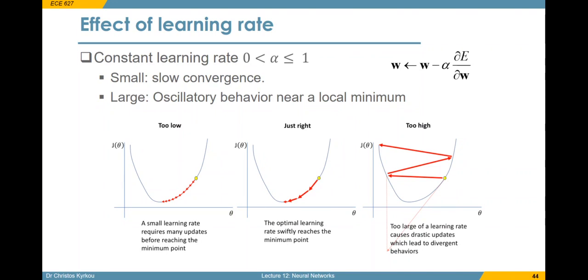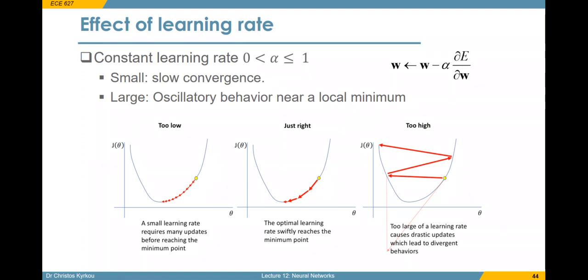So if we have a small value of alpha, it means that we will take a lot of steps to reach the minimum. On the other hand, if we have a large value, then it will result in drastic changes in our parameter. So you will see we will oscillate between different values of the loss function, and we will have difficulty reaching the minimum.